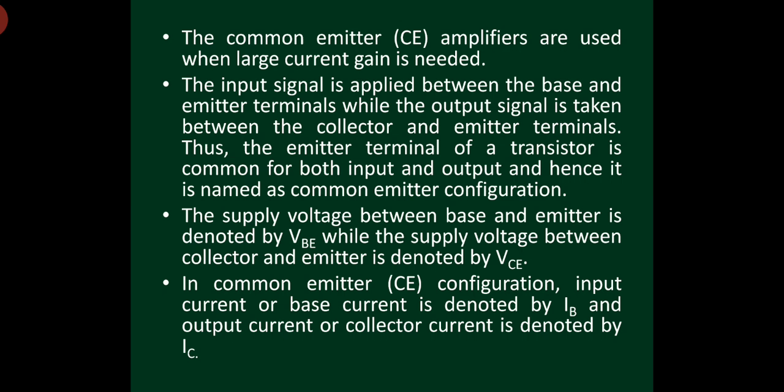Now the common emitter configuration is used when large current gain is needed. The common base configuration is used where I need voltage amplification, voltage gain. The input signal is applied between the base and emitter terminals, while the output is taken between collector and emitter terminals.